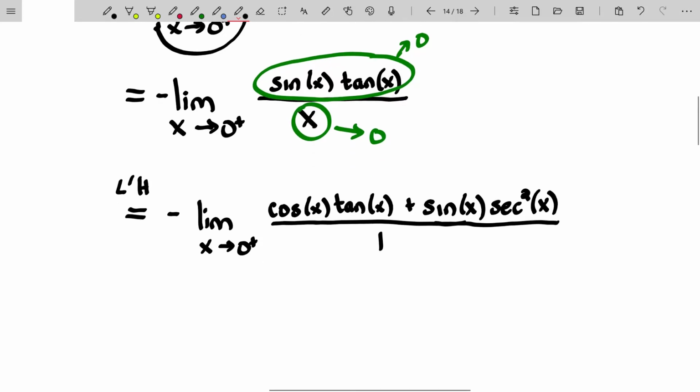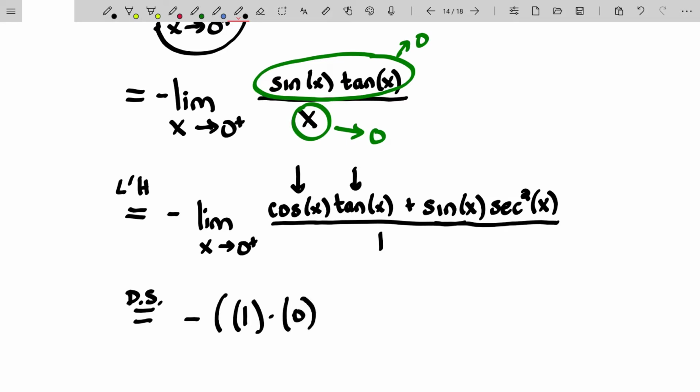And when you look at this, you should be able to see that you could just do direct substitution. If you use direct substitution, remember that negative's hanging out. Cosine evaluated at 0 is 1, times tangent evaluated at 0, that's 0, plus sine evaluated at 0, that's 0, times... don't just say, okay, now everything I know is 0, because you don't know.